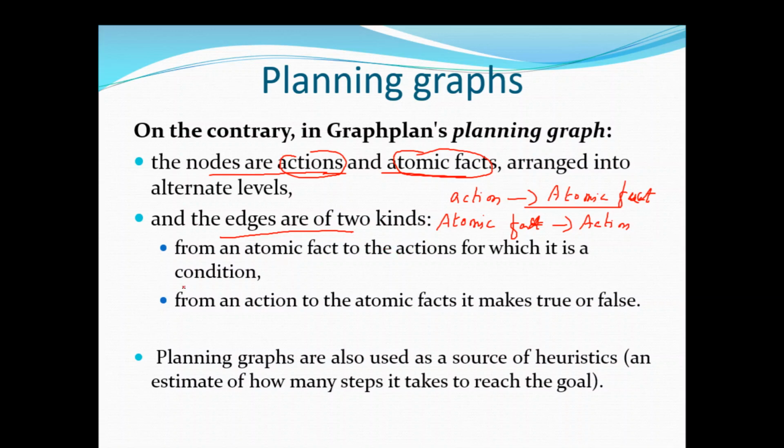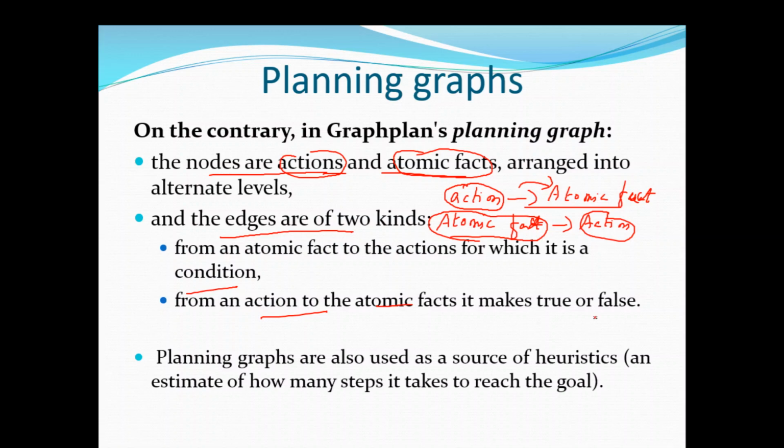If an edge goes from an atomic fact to an action, it means that for this action, this atomic fact is a precondition. If this precondition is satisfied, this action can be taken. Similarly, if an edge goes from an action to an atomic fact, that is an effect. When you perform this action, this is the result you are getting.